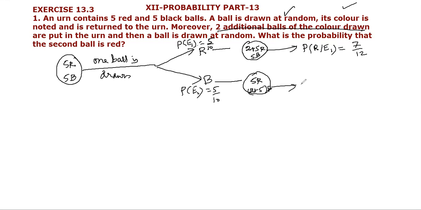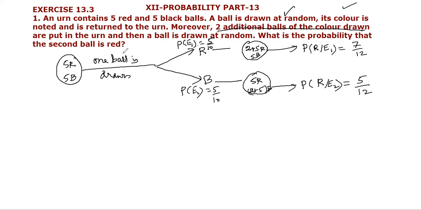And similarly, the probability of drawing the red ball when the first ball drawn is black: red balls are 5 and the total is 12.